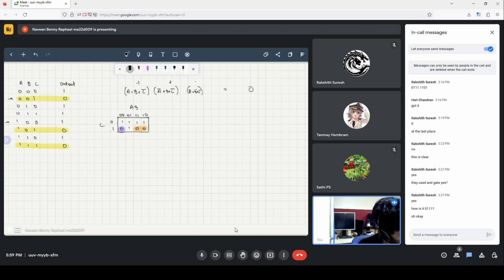So this is A plus C. And this one is 0 0 1, and therefore that is A plus B plus C prime.